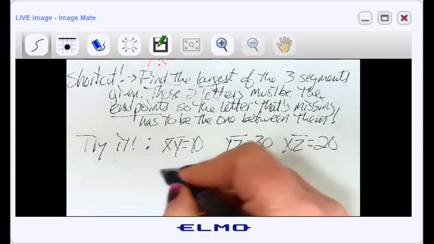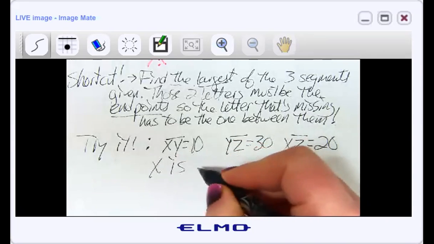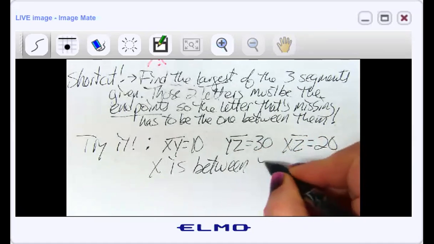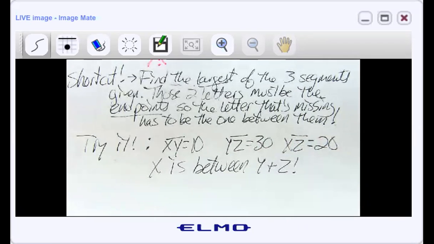I keep saying in the middle, but I don't mean that. X is between Y and Z. Because middle literally means halfway in between the 2, and I have no idea if that's the case. Actually, I do know because I have measurements right here, and it's definitely not literally in the middle, but it is between.